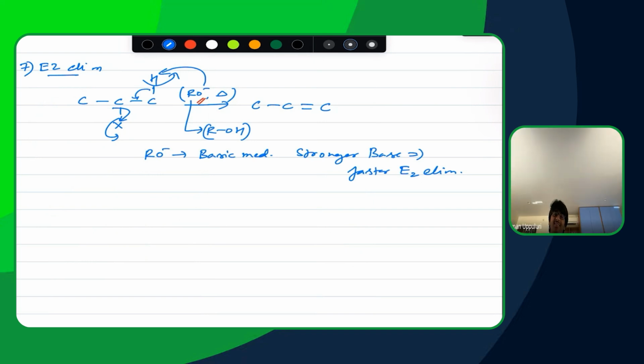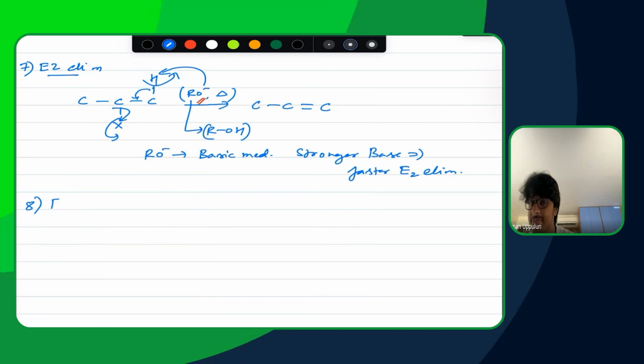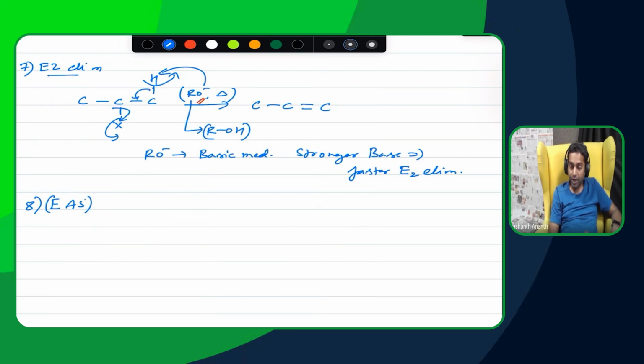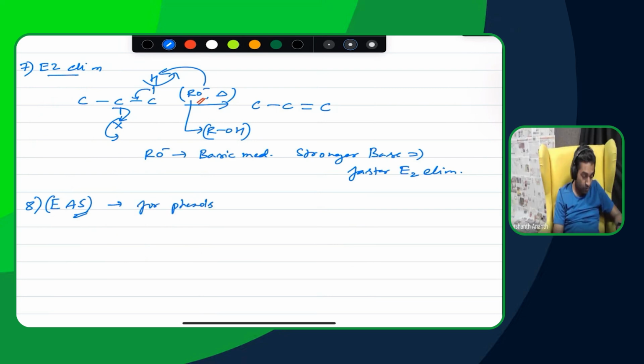If I consider, say, electrophilic aromatic substitution, you've definitely come across some reactions involving phenol, because EAS is very common for phenols. So you have a bunch of reactions involving phenols applicable.